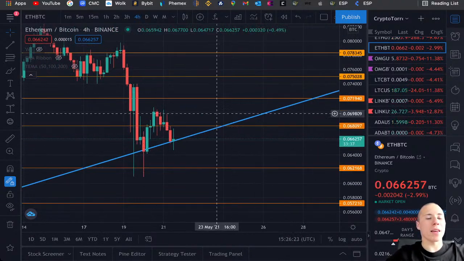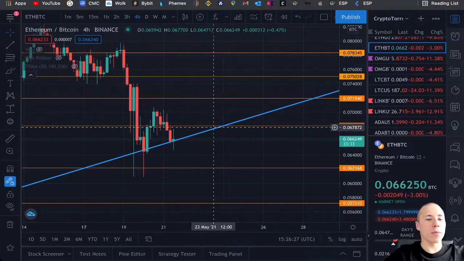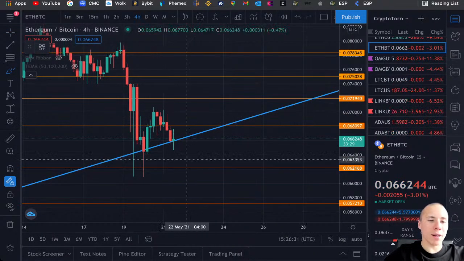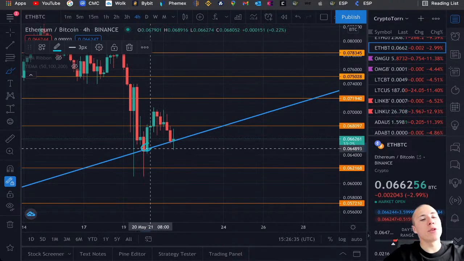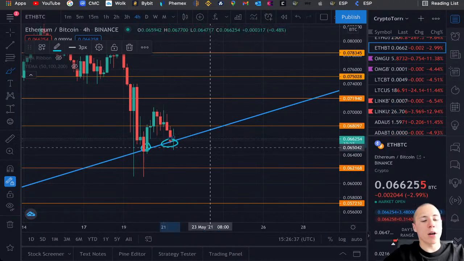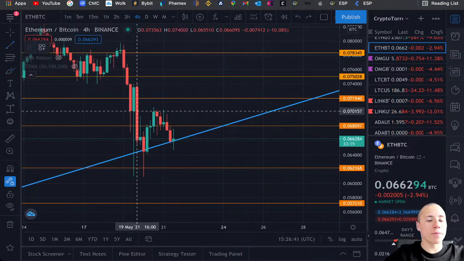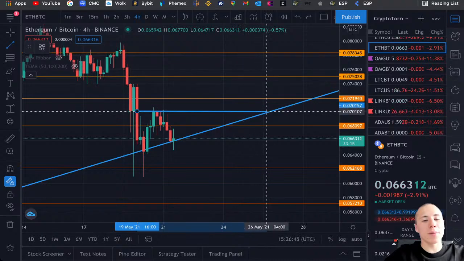right now on the Ethereum compared to Bitcoin chart, because what you are seeing is that if Ethereum doesn't break underneath this upward sloping support line and finds support on top of it, we will already be seeing two touch points on this upward sloping support line, and we could be placing a horizontal resistance over here like this.